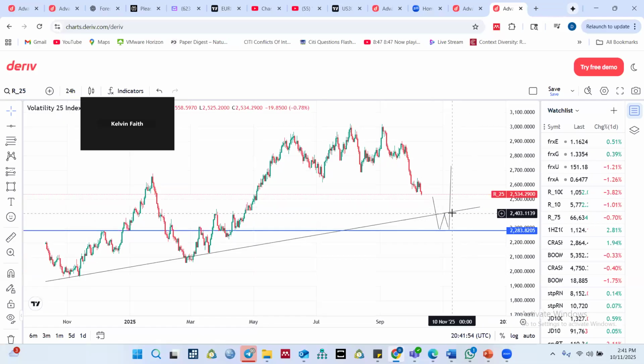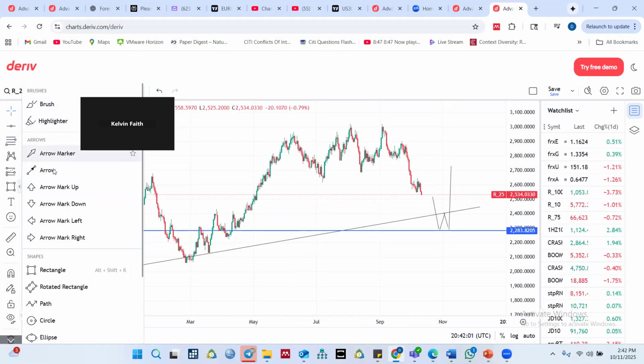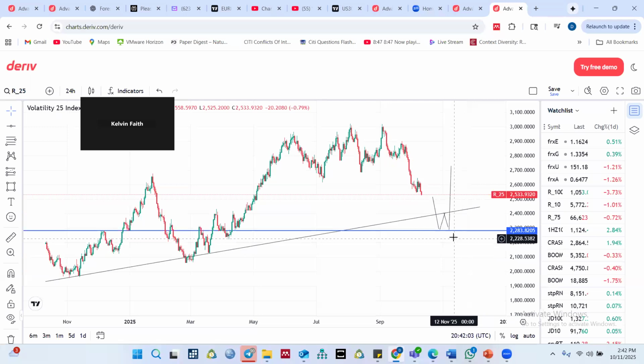So we are above support, which is resistance. So this gives you like double confluence or confirmation. Okay. But what will happen if price keeps staying below this trend line?